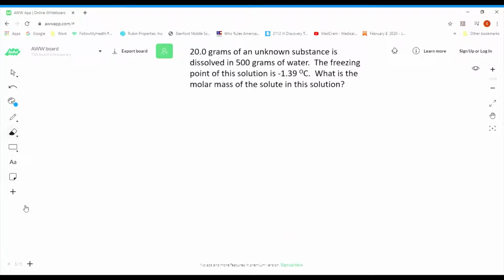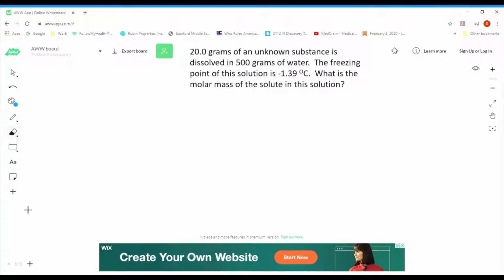One of them is to figure out a molar mass. You'll recall molar mass, right? If you had something like C6H12O6, you can figure out how much 1 mole weighs.